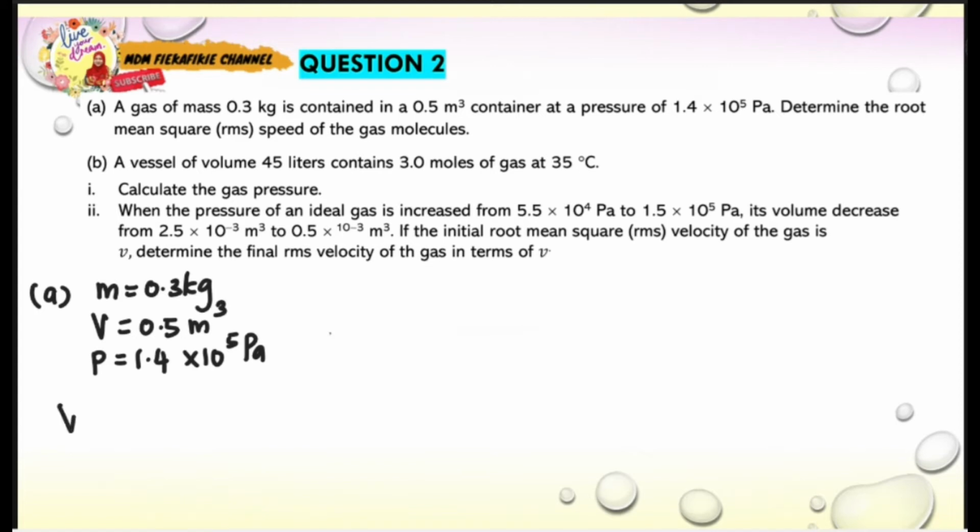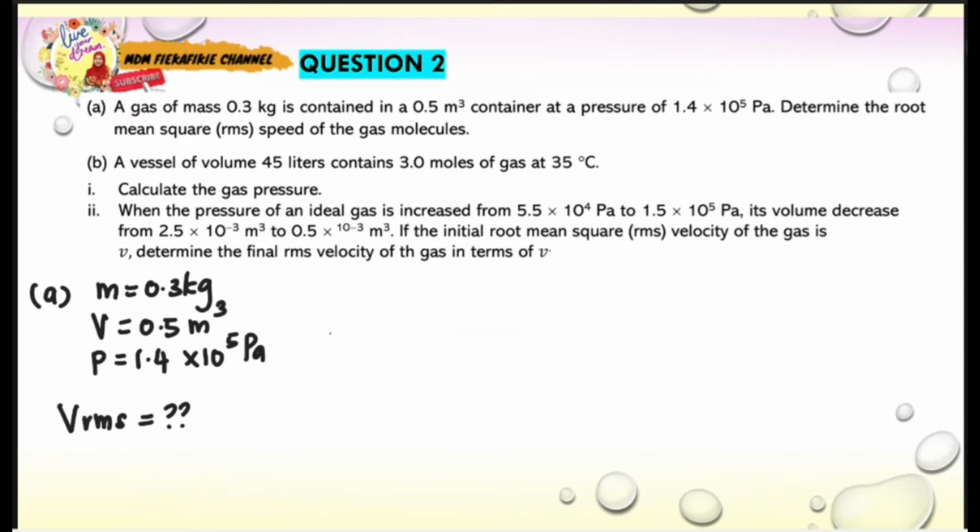Now we want to determine VRMS. Based on this information, we need to choose the suitable equation to solve this problem. Please remember here we have mass and volume, so obviously we can find density.